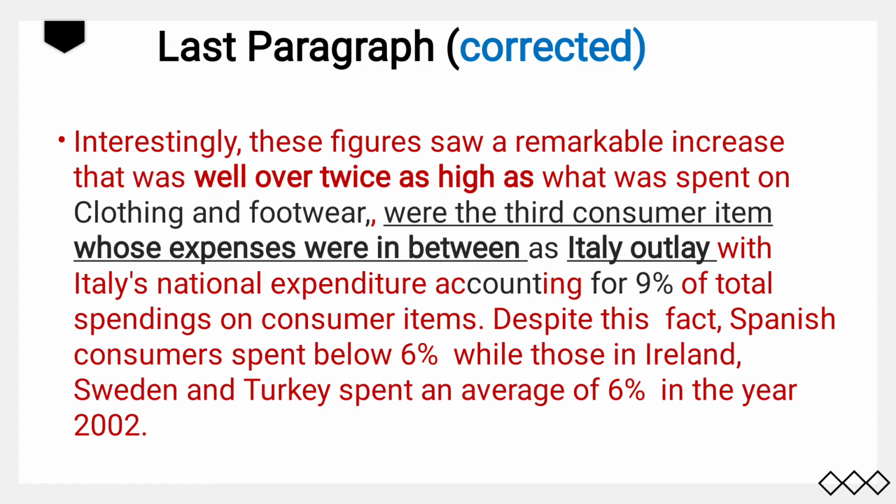So I've retained what the student wrote about clothing and footwear, and I have carefully made the comparisons across all the countries in the various categories. You cannot treat one item across all countries in isolation.